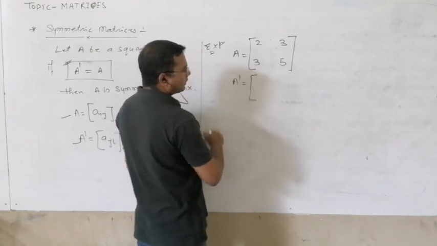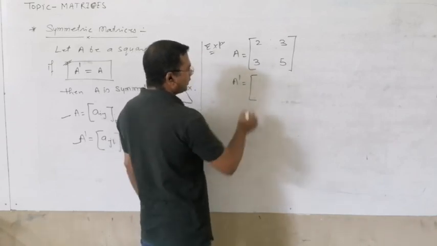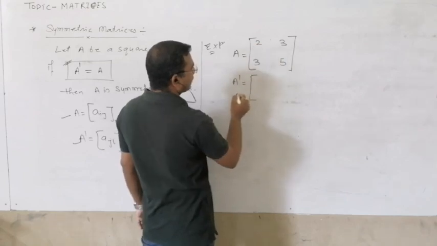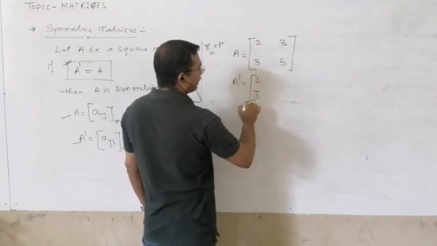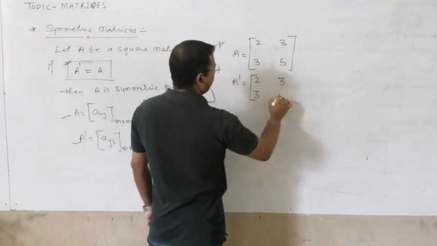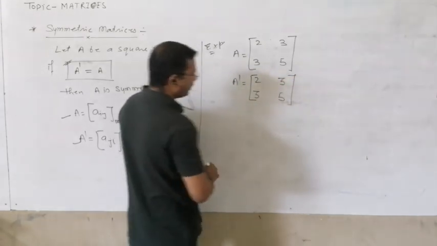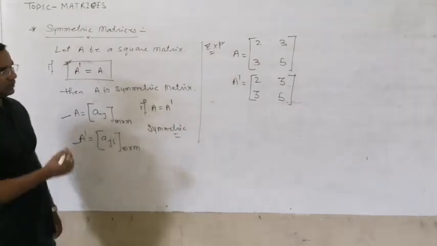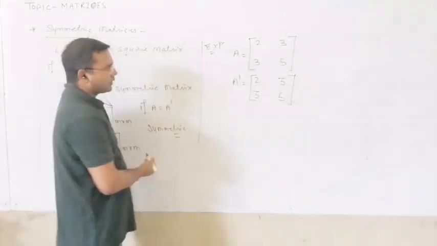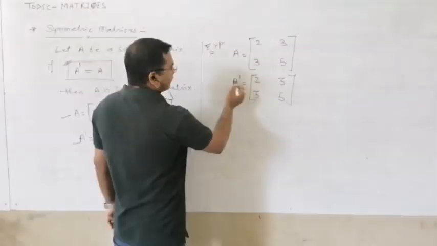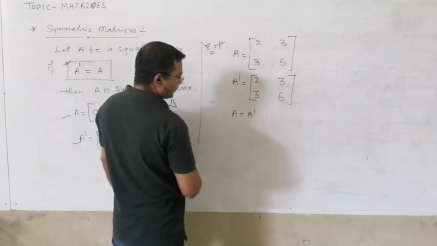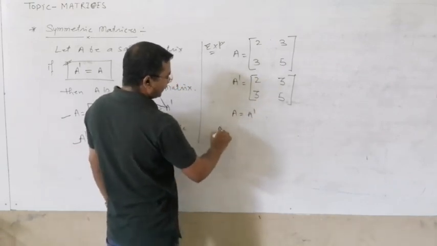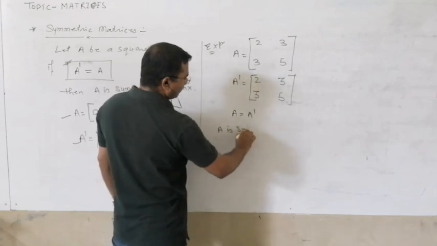Similarly, R2 I will change to C2. So it becomes 2, 3 and this becomes 3, 5. But still it does not change the value of this. So we can say because A is equal to A transpose, that is why matrix A is symmetric.